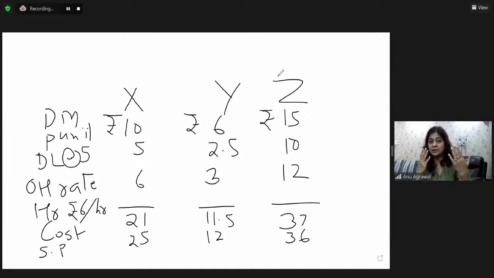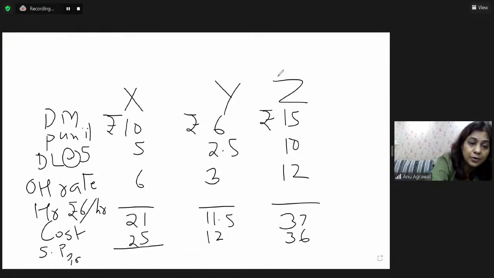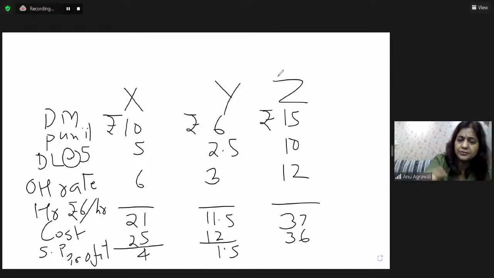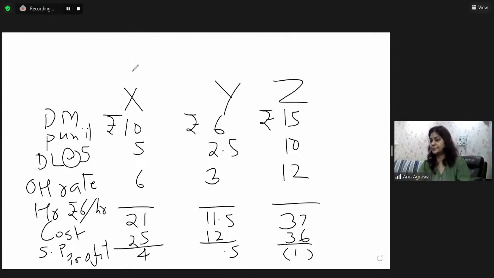So if I go by this method, which is technically known as absorption costing, I say that I am earning a profit on X, I am earning a profit of around 50 paisa on Y, but I'm incurring a loss of ₹1 on Z. Why so?